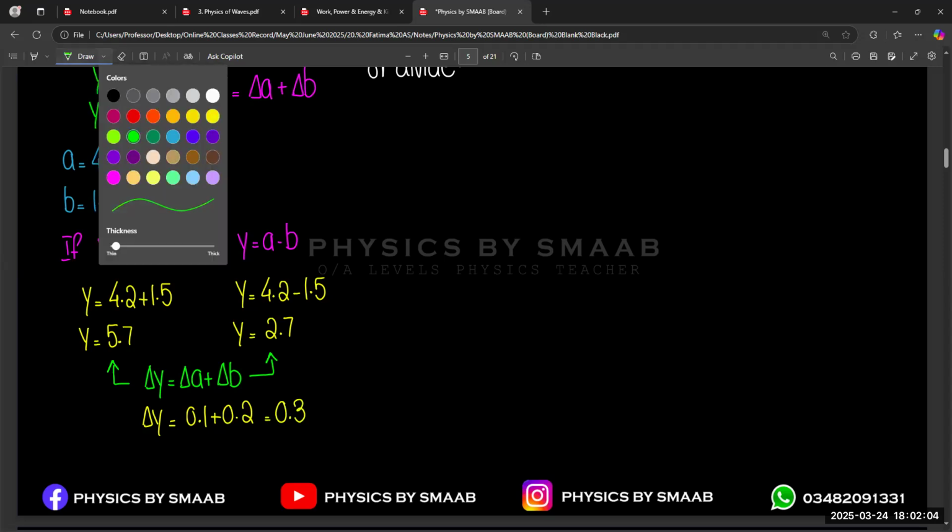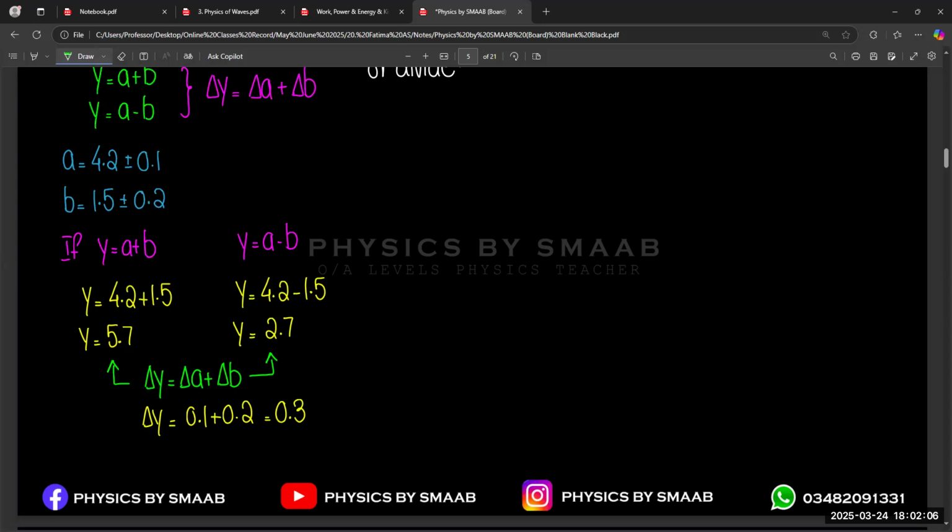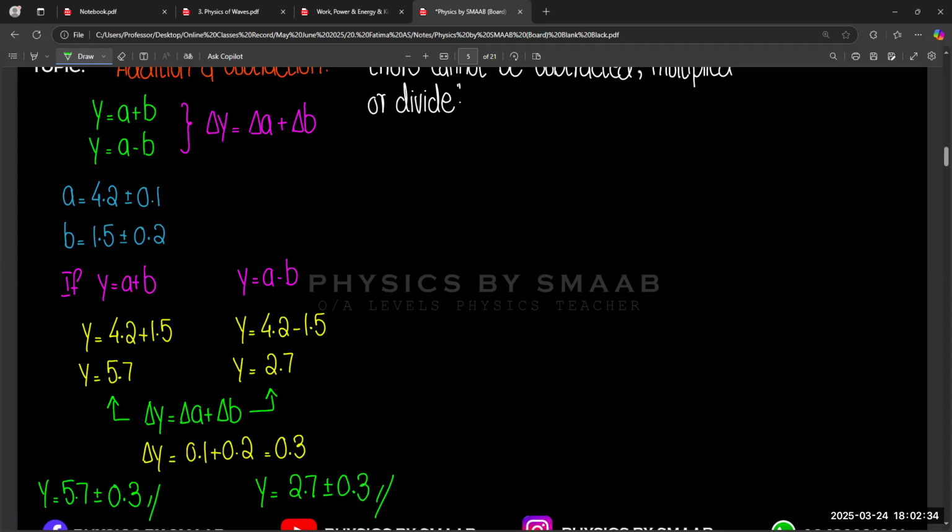So the final result for the addition part will be 5.7 plus minus 0.3, and for the subtraction side, 2.7 plus minus 0.3. So this is the result of both of the quantities.